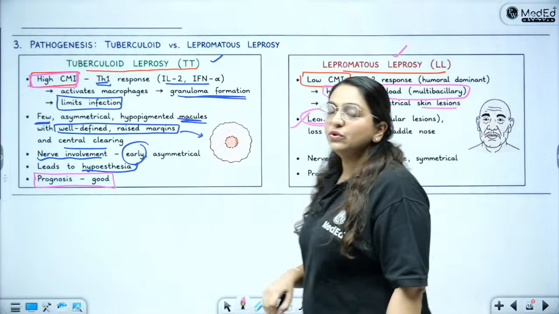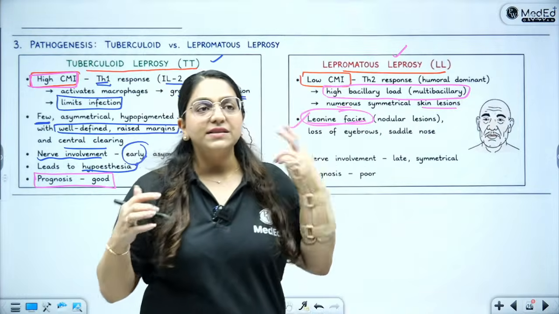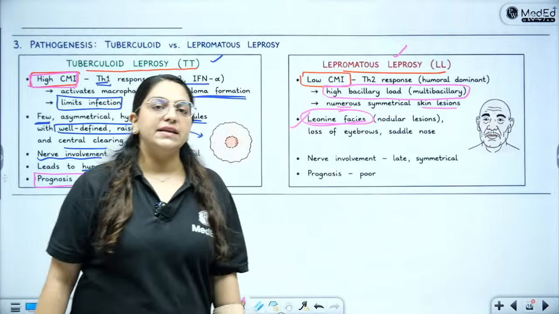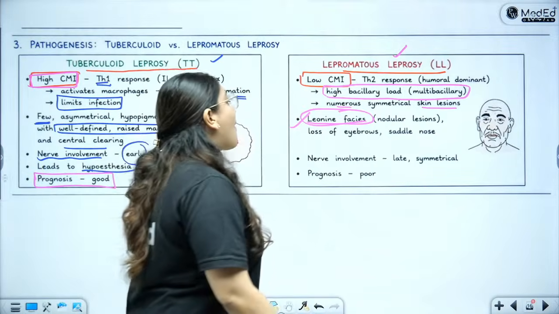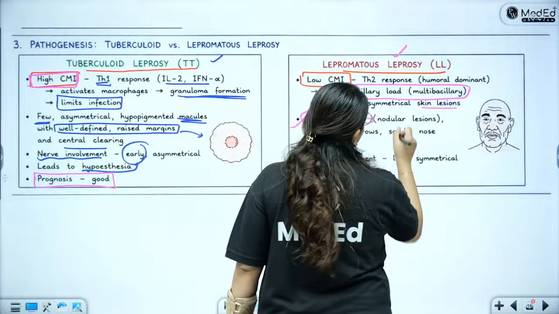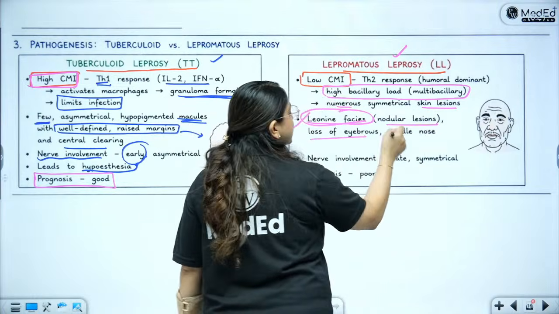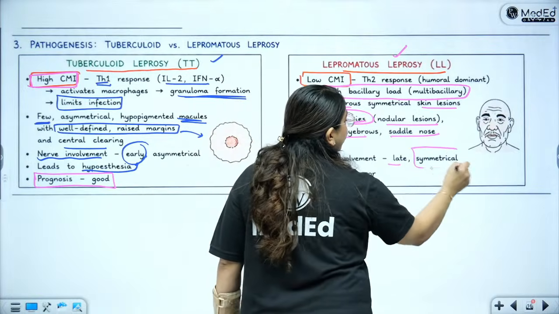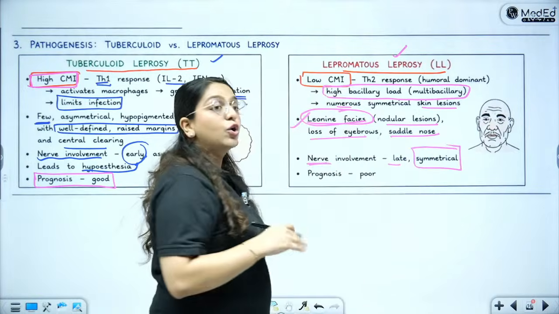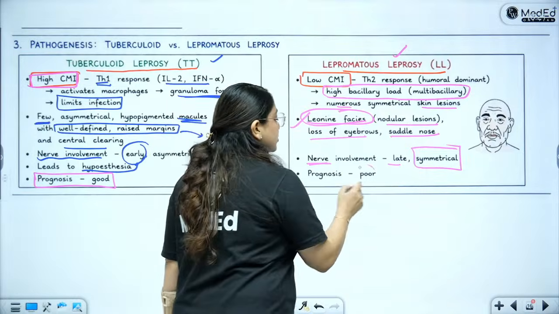What happens in leonine facies? You have nodules in the skin, nose deformities, no eyebrows, corneal scarring. So all of these bad things happen to the patient. Nodular lesions, loss of eyebrows, saddle nose. The nerve involvement, however late, is going to be symmetrical and it will involve a lot more nerves, and the prognosis is going to be poor.